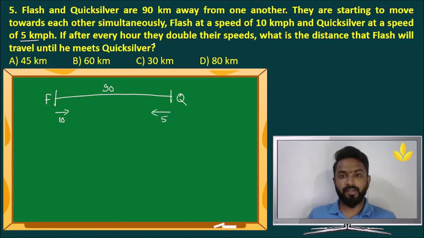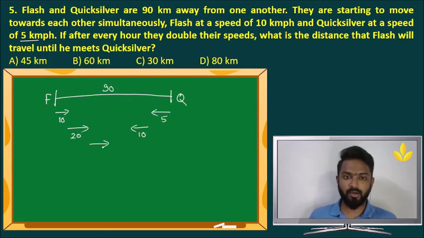If after every hour they double their speed, so after 1 hour Flash travels with 20 km per hour, Quicksilver travels at 10 km per hour. Another 1 hour Flash travels at 40, Quicksilver travels at 20. What is the distance that Flash will travel until he meets Quicksilver?